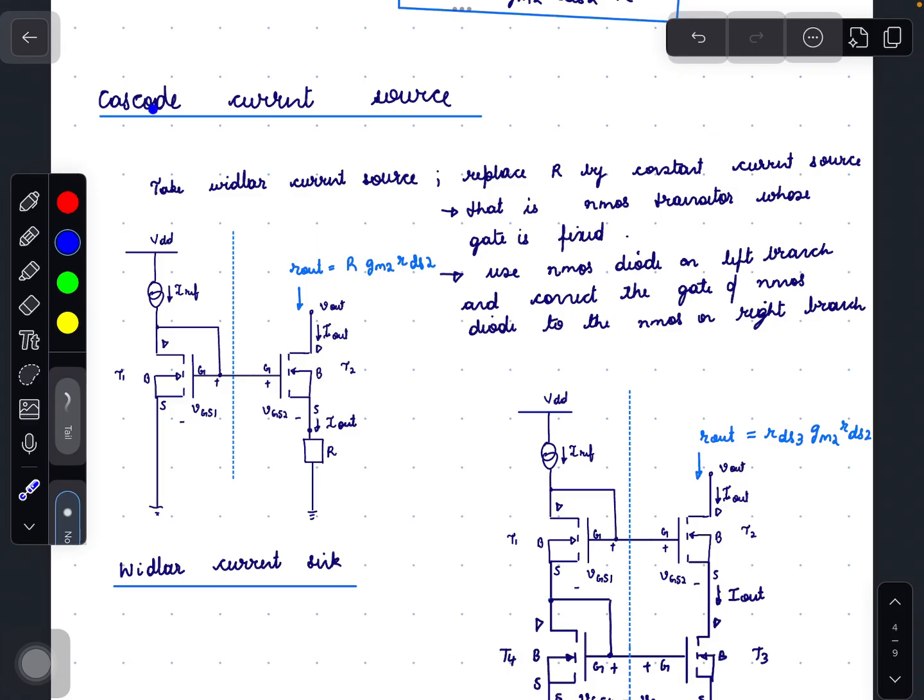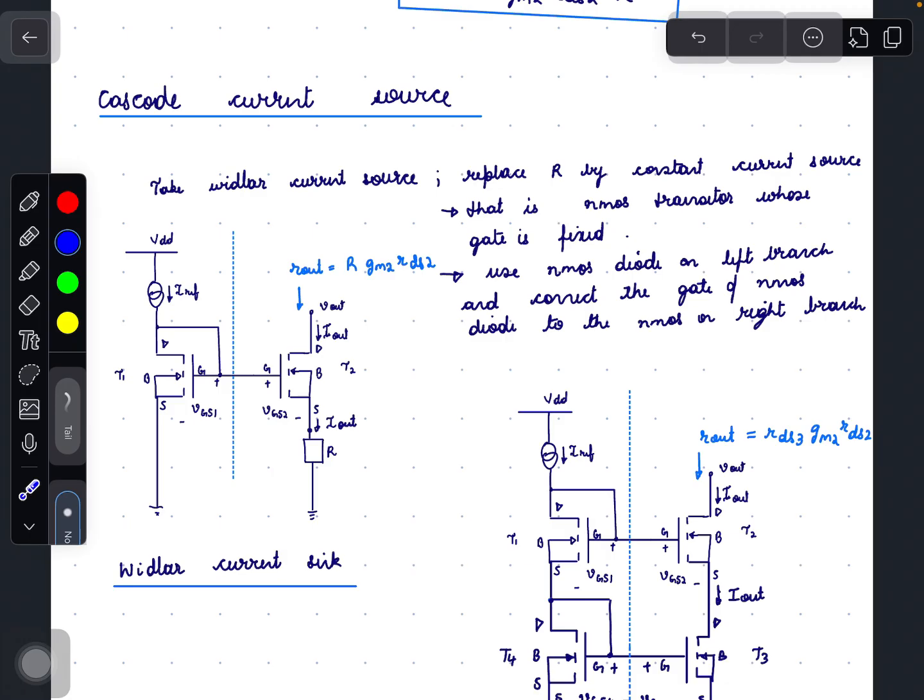Next is the Cascode Current Source. Consider the Widlar Current Source. Replace R by a constant current source, that is an NMOS whose gate to source voltage is fixed.